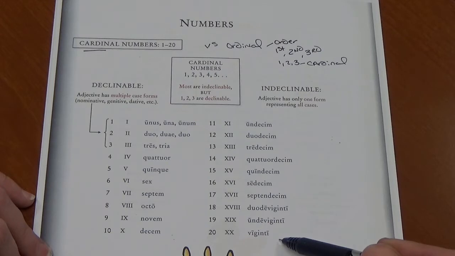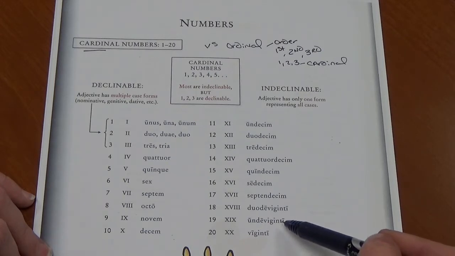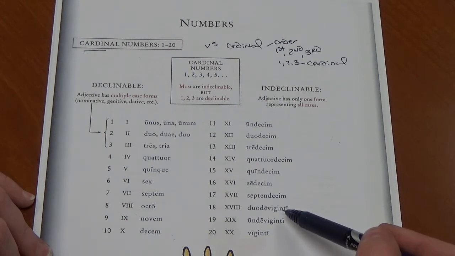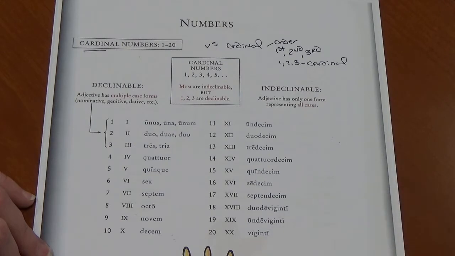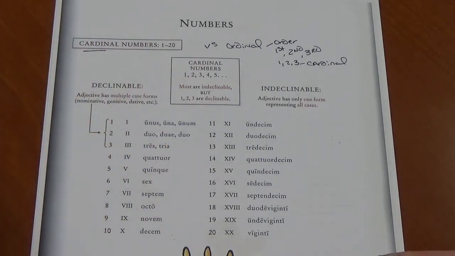I like the way that they subtract 2 to get 18, rather than say octodecim. Usually when Latin diverges, there's a reason. There are some, for example, ablative of accompaniment, cum plus the ablative. When we say it with a pronoun, we swap the order and turn it into one word.